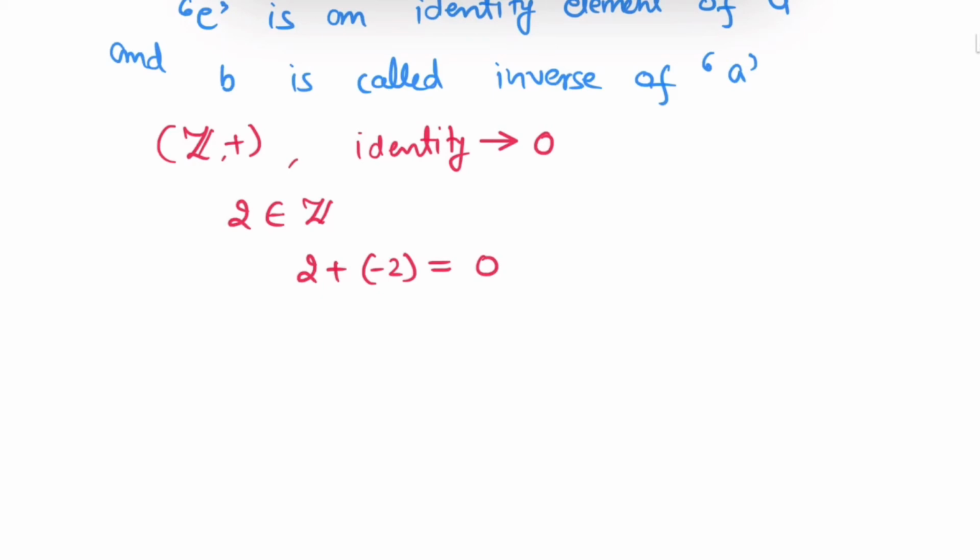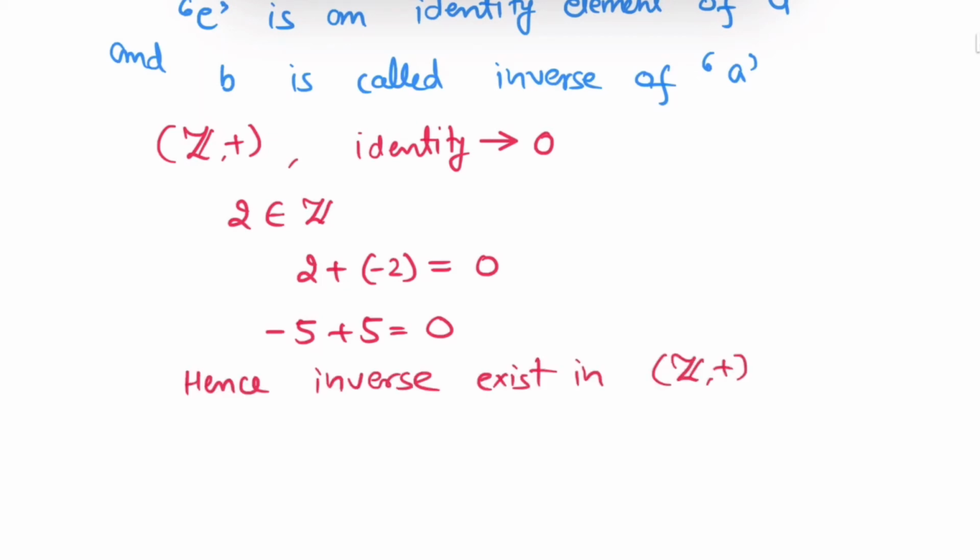So here minus 2 is the inverse of 2. And if I ask you what is the inverse of minus 5, then you can say 5 is the inverse of minus 5. Why so? Because minus 5 plus 5 equals the identity 0. Hence inverse exists in (Z, plus).